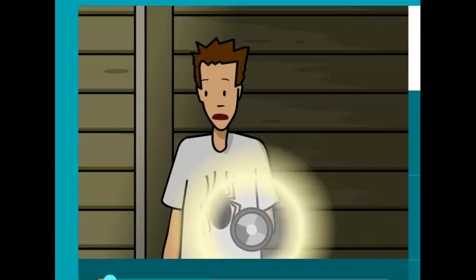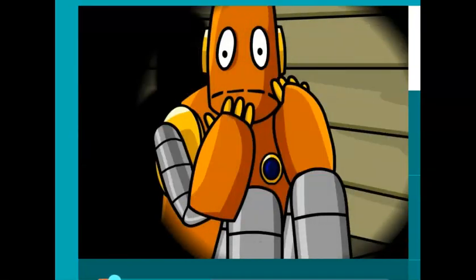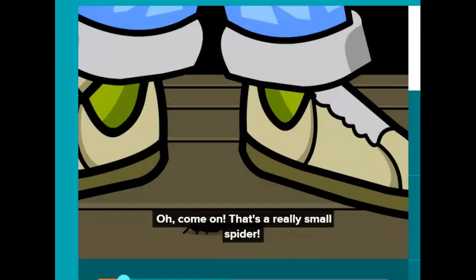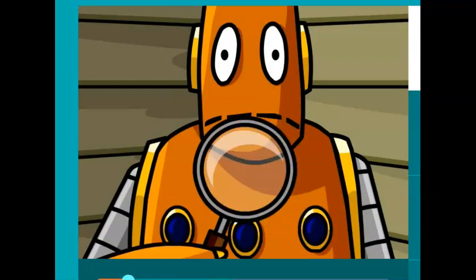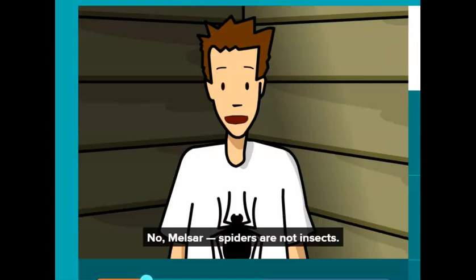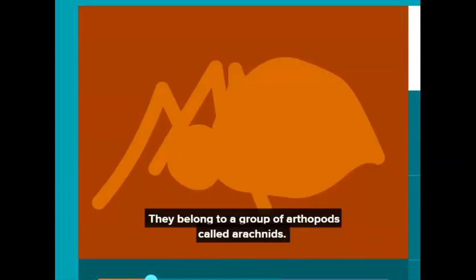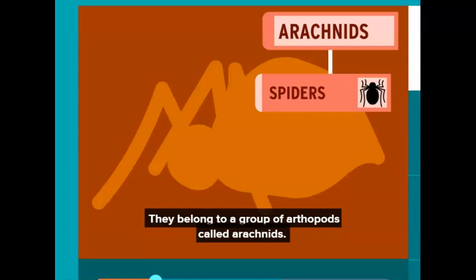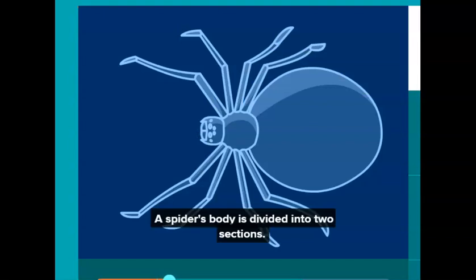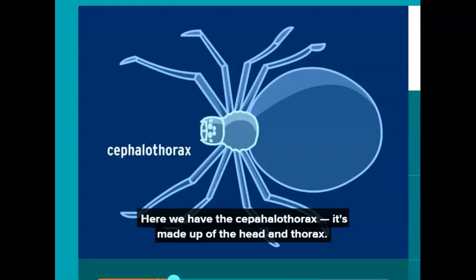Moby? Moby, is that you? What are you hiding from? Oh, come on, that's a really small spider. Dear Tim and Moby, are spiders insects? From Melsar. No, Melsar, spiders are not insects. They belong to a group of arthropods called arachnids. Ticks, scorpions, and mites are arachnids too. A spider's body is divided into two sections. Here we have the cephalothorax.